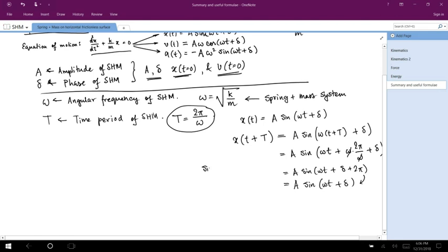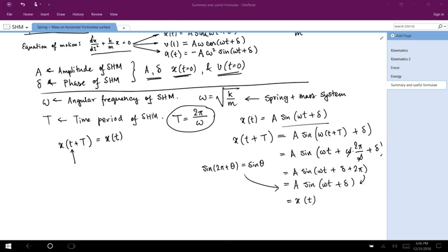How do we get that? We know that sine of 2 pi plus some angle theta is equal to sine of theta. We applied that to get this relationship. Notice that A sine(omega t plus delta) is what we started with, so that is equal to x of t. So this tells you that x(t plus T) is equal to x(t), meaning no matter what time you started with, after the period of this SHM elapsed, you will get back the same position.